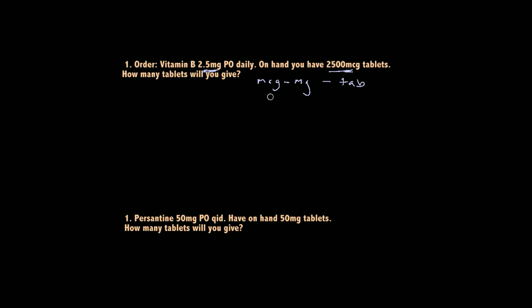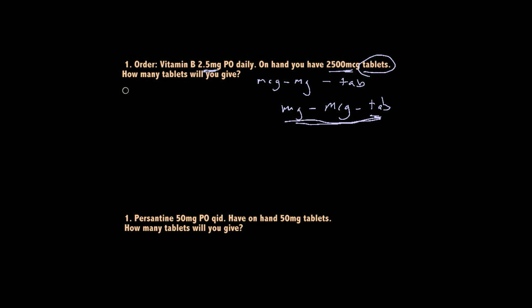Or you could start off in milligrams and go to micrograms and then end in tab. As I've said before, it really doesn't matter what order you do these steps in, just as long as you set your units up in the proper way so that they cancel out and you're left with tablet. Because that's what they're asking us to give here is tablets. So let me show you. We'll do this one first at least.